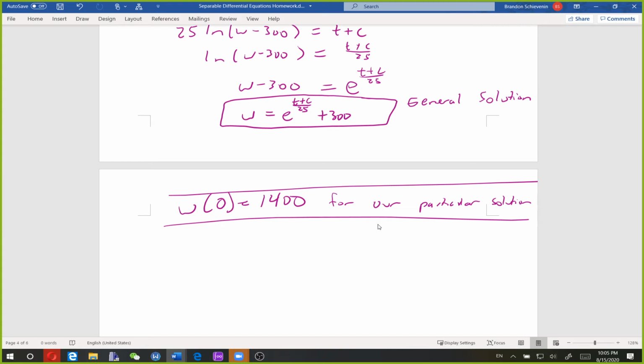So what is w? Okay, so 1400 equals, t is 0, so this is c over 25 for our power. So I've got e raised to the c over 25 plus 300. Okay, keep going.